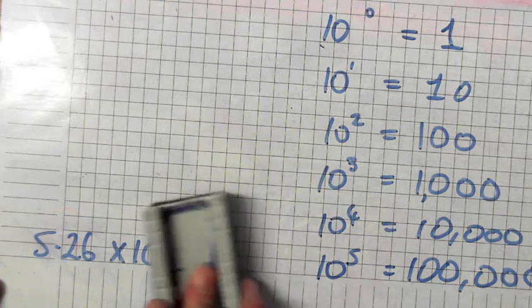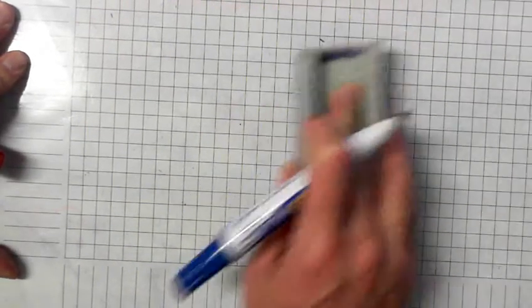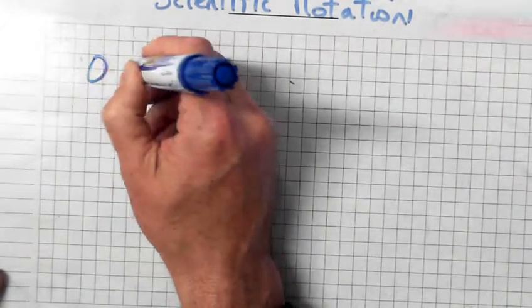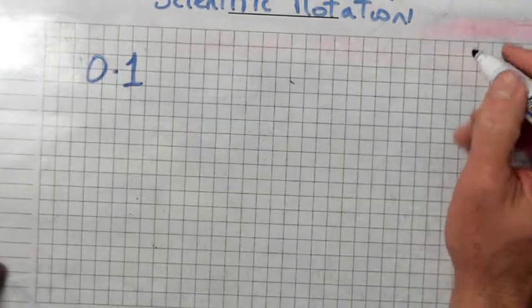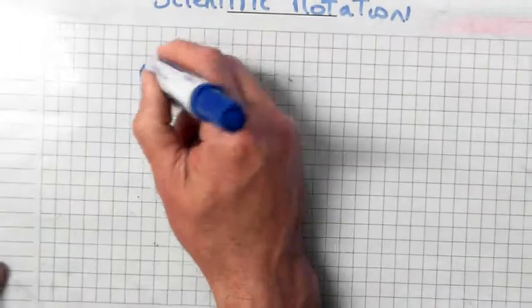Now, the opposite of a number getting bigger is a number getting smaller. .1 is 1/10, isn't it?